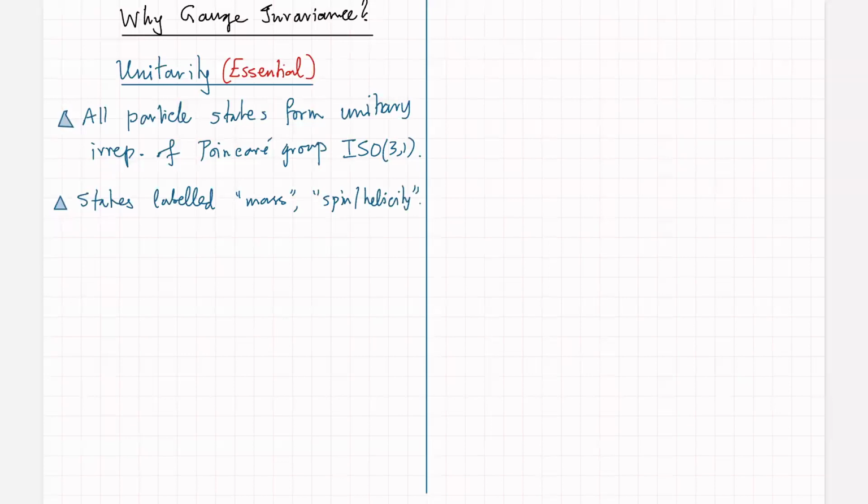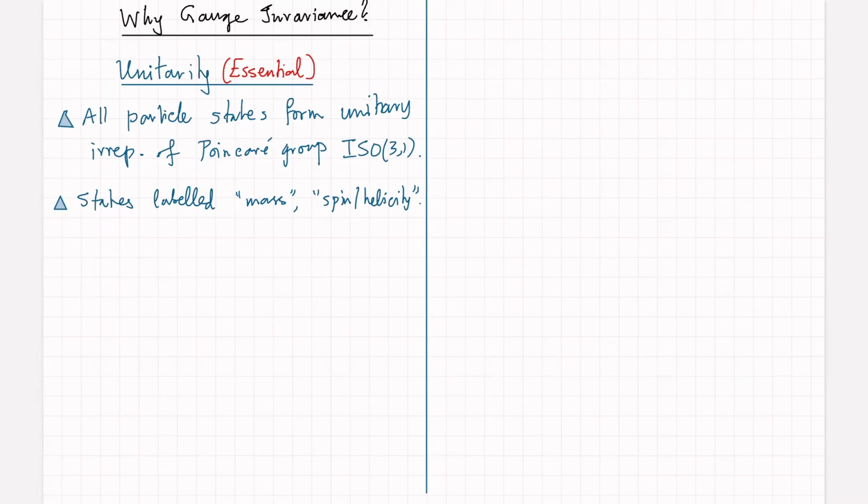Do we write ISO(3,1) or ISO(1,3), sir? Either way is fine. If you're used to seeing 1,3, that's fine. 3,1 is also fine. It's just two different notations. There is no meaning to either of them. All right, thank you.